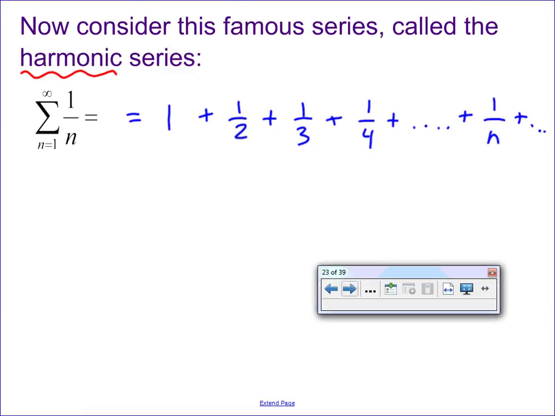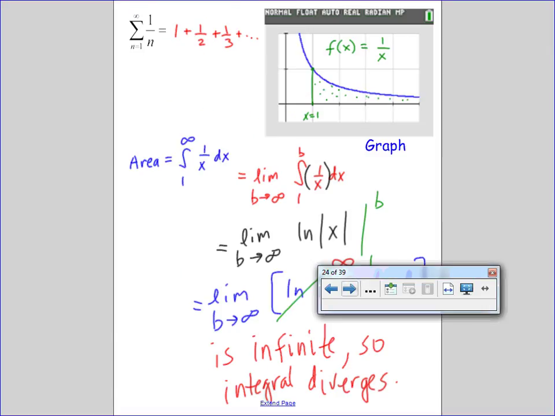Let's do the same thing for our harmonic series. Can I draw an area of a rectangle equal to the first term, 1? Well, absolutely. That first term, 1, has height 1, width 1, but now I draw the second one as 1/2, so I do this.